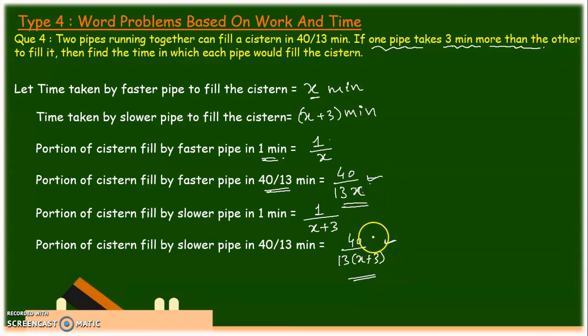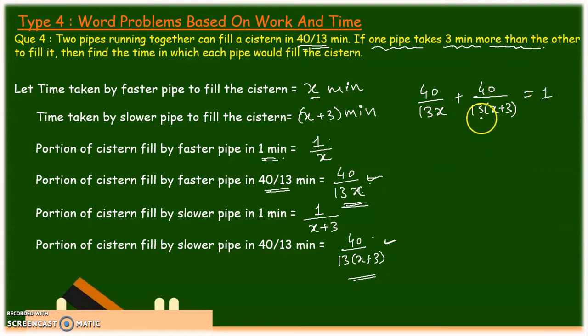And both of them together will fill the cistern in 40 divided by 13 minutes. So we can say 40 divided by 13x, this is the portion filled by the faster pipe, plus 40 divided by 13 multiplied with x plus 3, this is the portion filled by the slower pipe. Both of them will fill the full cistern, that will be equal to 1.